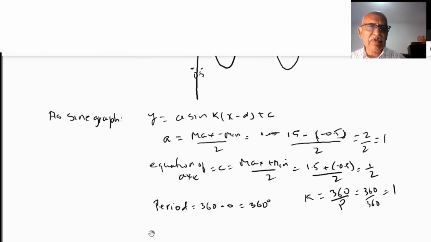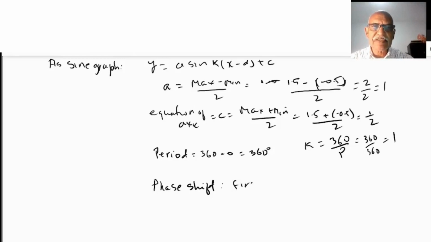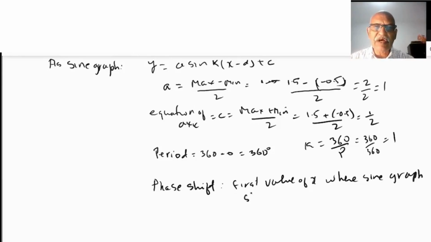So the last thing to find is the phase shift. The phase shift for a sine graph will be the first value of x where the sine graph starts to go up.